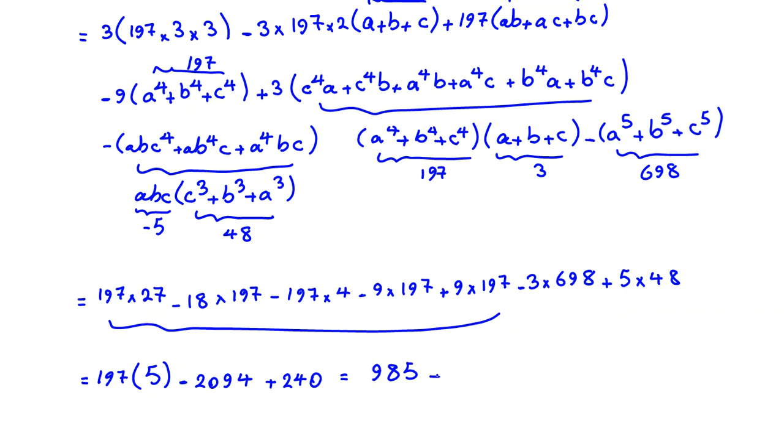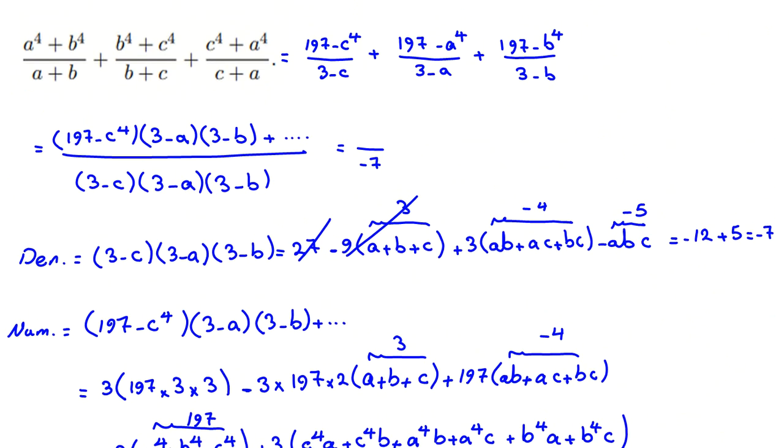And then it will be this part minus 2094 plus 240. So if you add these two terms, it will be 5, 12. We have 1, 11, 12 minus 2904. So if you subtract 14 minus 5, 9. 8 minus 2, 6. And then 10 minus 2, 8. 1 minus 1, 0. So it will be negative 869.